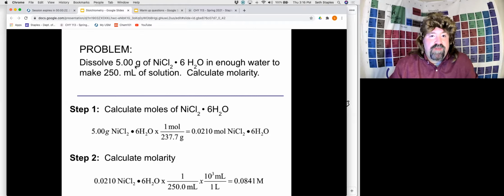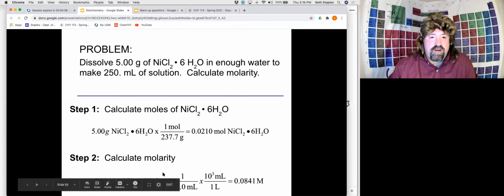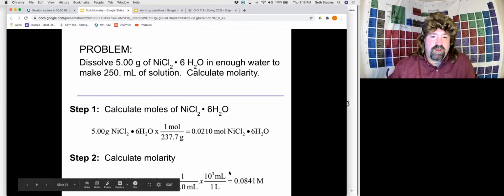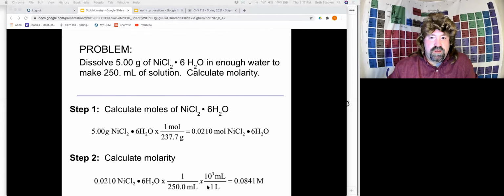We're dissolving this 5 grams of nickel(II) chloride hexahydrate in enough water to make 250 milliliters of solution. And so it's the same exact process. We take our 5 grams, convert that to moles, divide our number of moles by our number of liters, and we're just doing the conversion right here. That gets us to a 0.0841 molar solution.